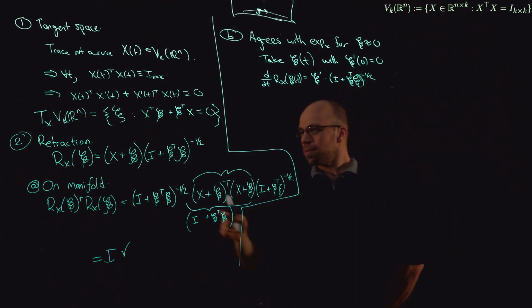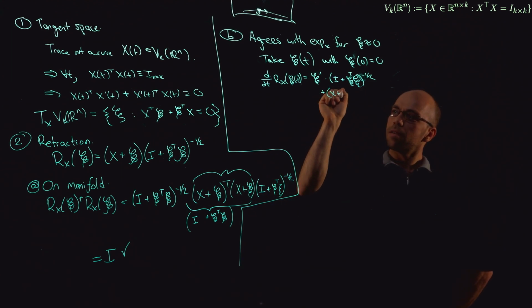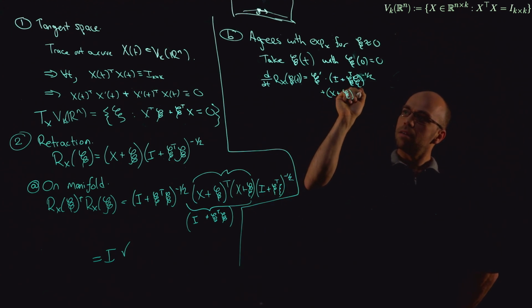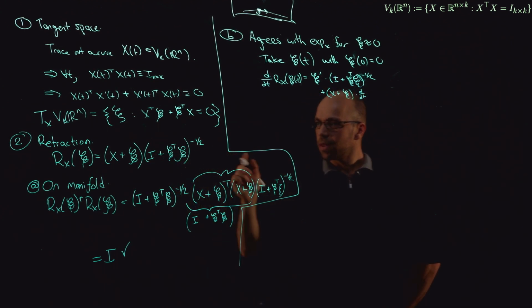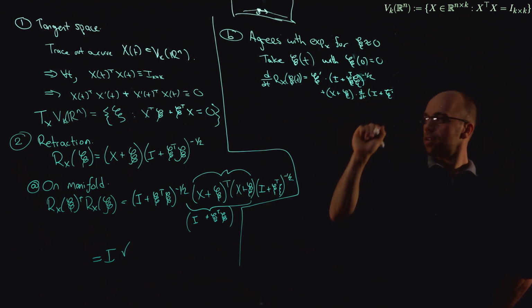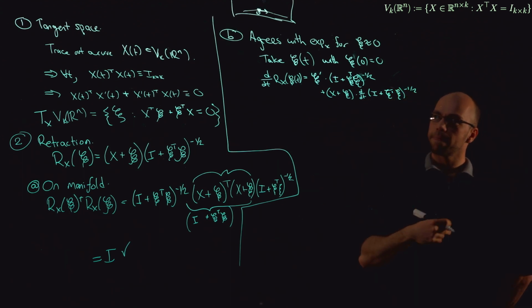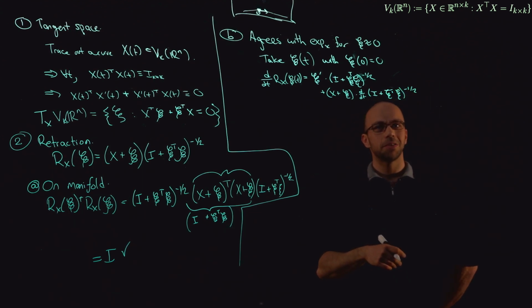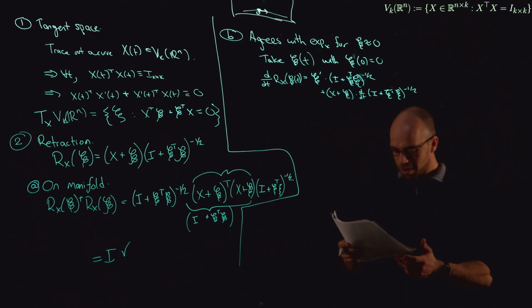Okay, plus x plus xi times d over dt of this crazy thing here, identity plus xi transpose xi to the -1/2. Now I'm going to make use of a fun fact that I'm going to let you convince yourself of at home.